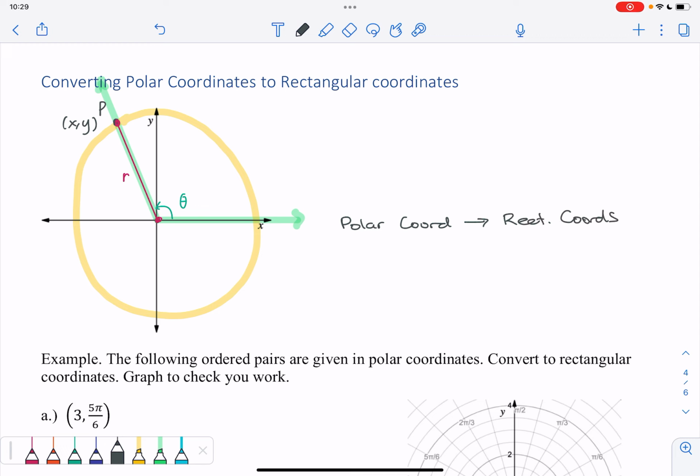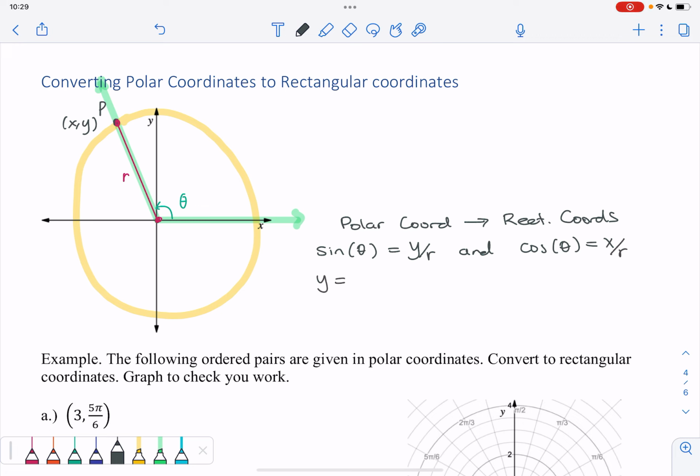So what does the generalized definition of trigonometry functions tell us? Well, we have the sine of theta is y over r, and the cosine of theta equals x over r. And I can solve this for y.